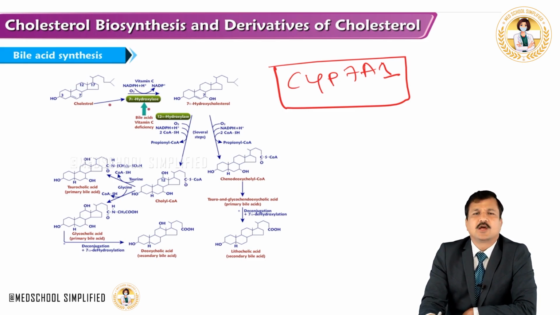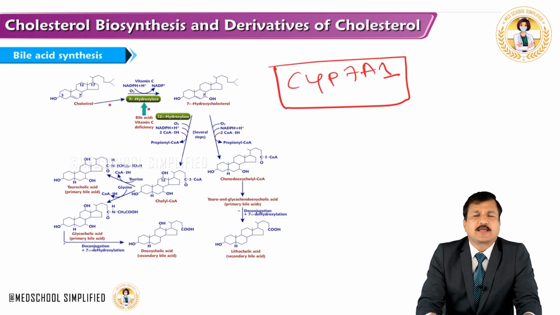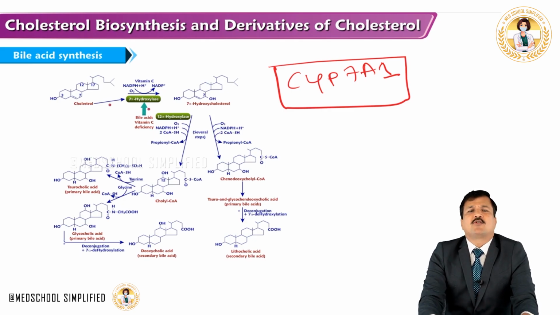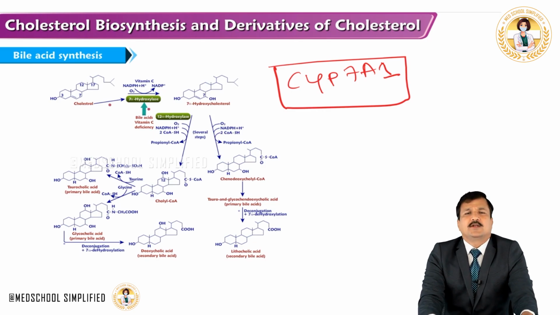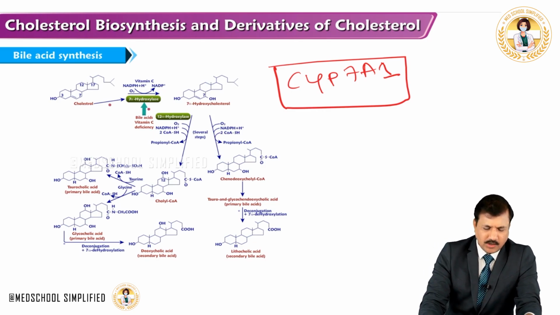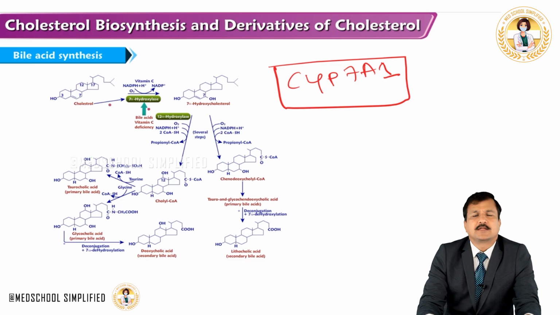So overall, cholesterol is hydroxylated at the 7th carbon to become 7-alpha hydroxycholesterol. Now this 7-alpha hydroxycholesterol can have two fates, catalyzed by the 12-alpha hydroxylase enzyme. On one side, it will be converted into cholyl-CoA. On the other side, it can be converted into chenodeoxycholyl-CoA.